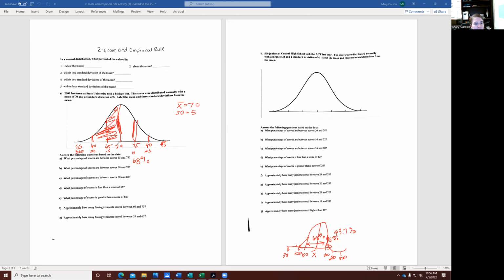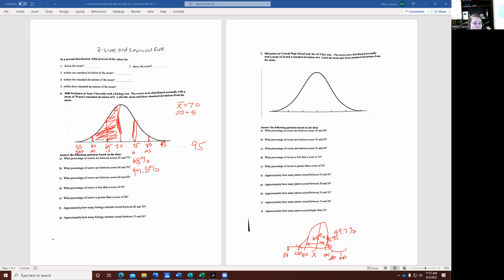This is 2 standard deviations, but it's only half, so we take 95 and divide it by 2, and that would be 47.5%.